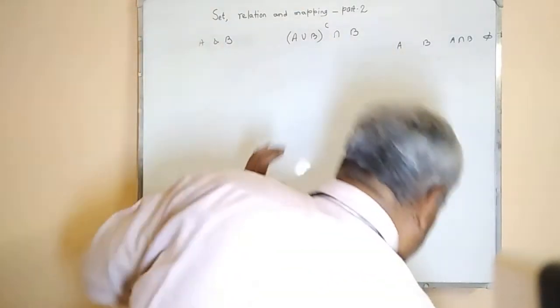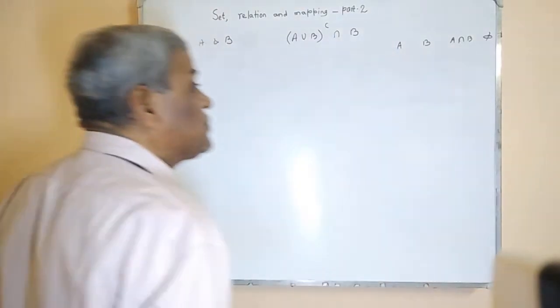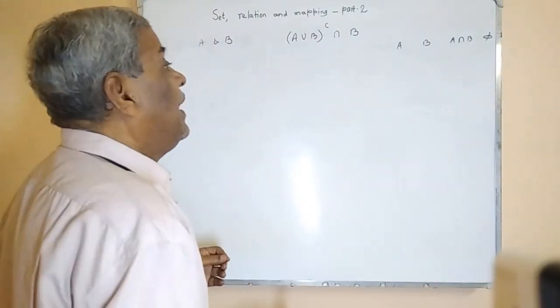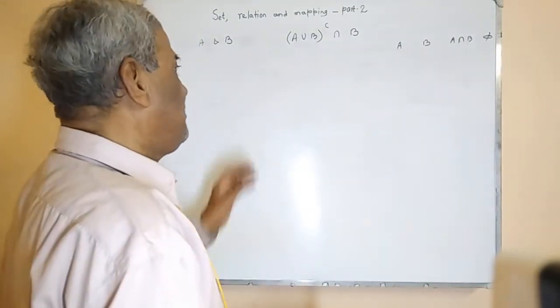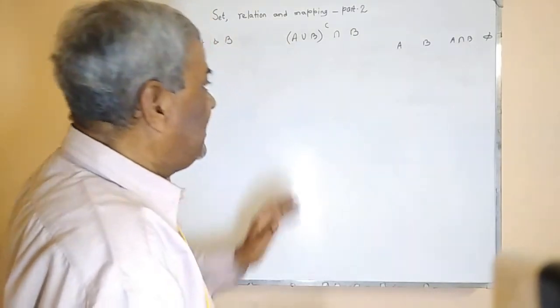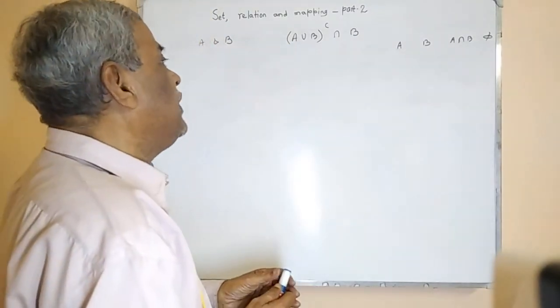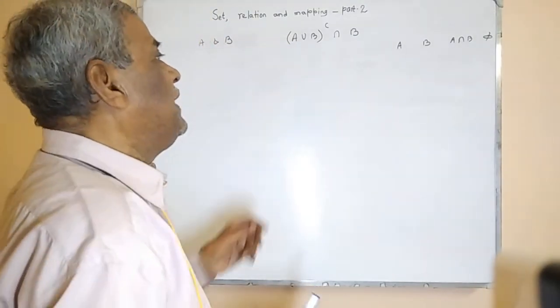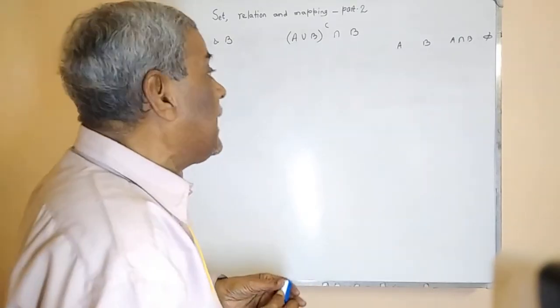This type of problem can be solved very easily using a Venn diagram. Here, this case will be very easy if we use De Morgan's law.